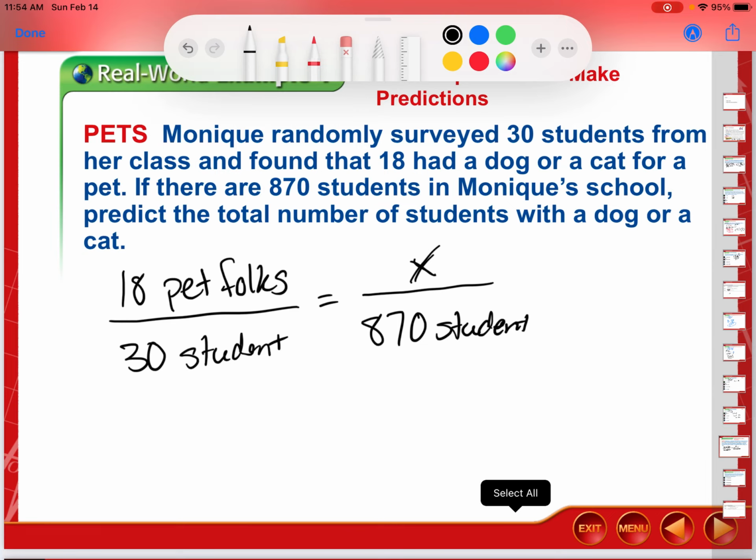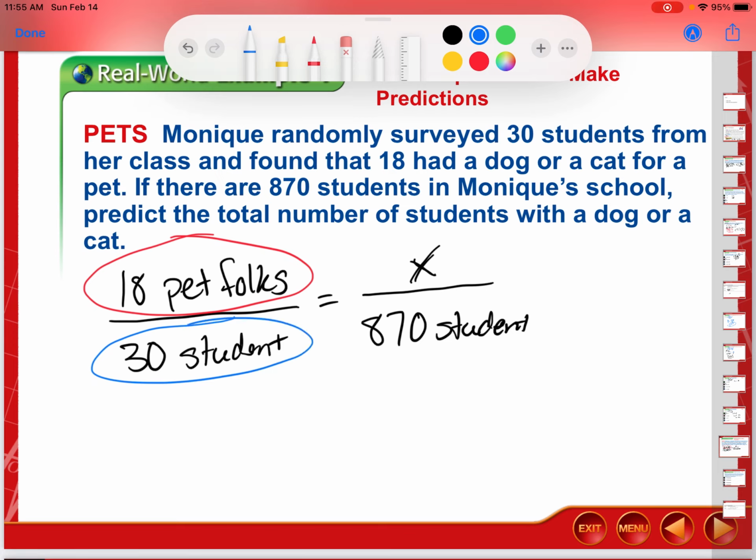Now, I do want to draw attention to one thing. If you notice, I put the people with pets up top, and then I put your common everyday students that were surveyed on bottom. So it's important to keep these in the same relative position. So we have 18 people with pets over the 30 total people surveyed. So we're trying to predict, out of a total of 870 students, how many people would have pets.